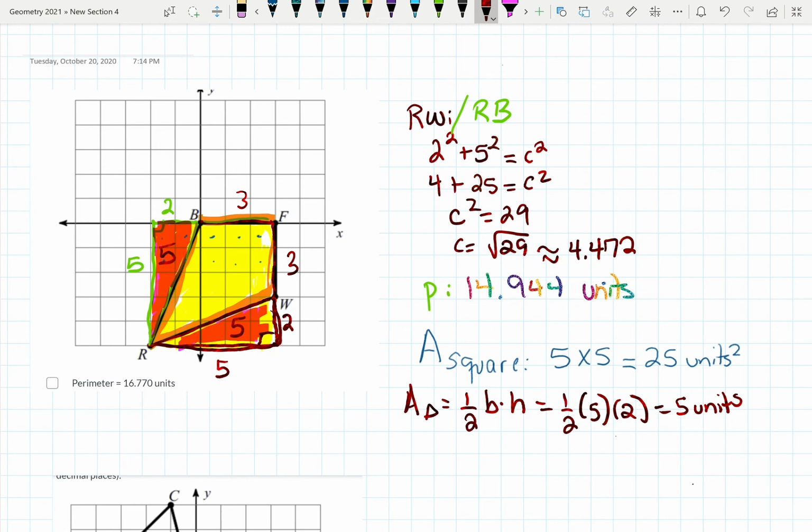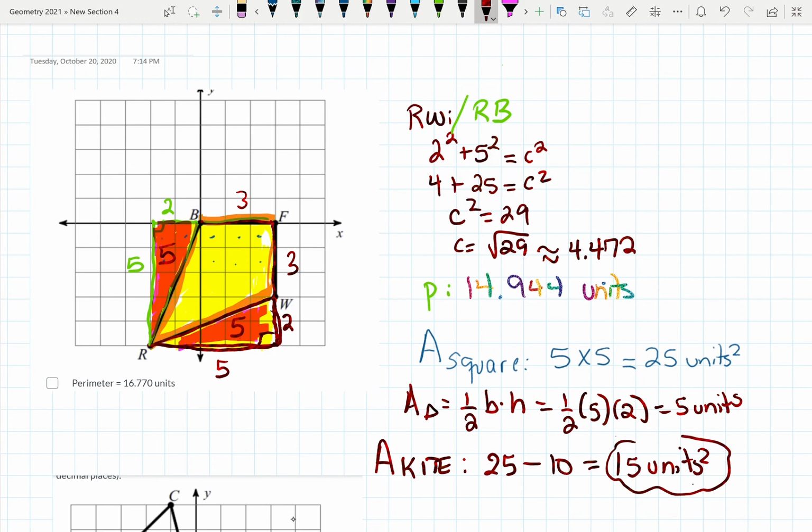I need to take those areas away from the 25, the area of the square, and it will give me the area of that kite. So I'm going to subtract 10 from the 25. So the area of the kite would be 25, the area of the square, minus 10, the area of both triangles, or 15 square units.